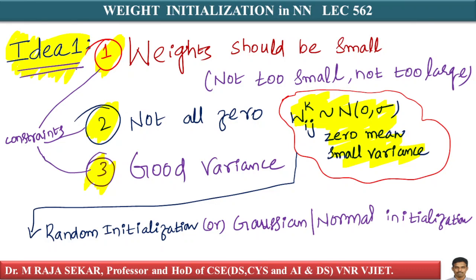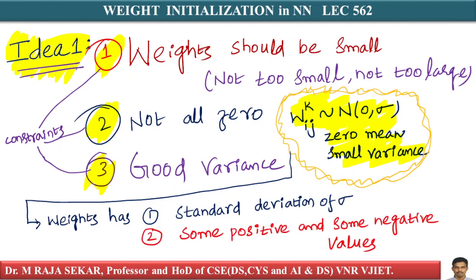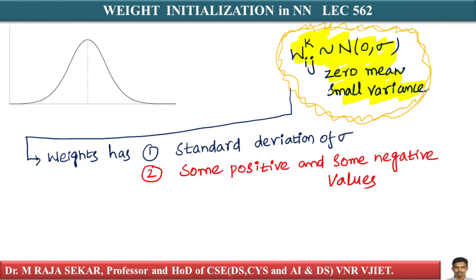Now, when your sigma is reasonably small, your weights now have, first point, a standard deviation of sigma, and second point, you have some positive values and some negative values, because you are centering with 0, normal distribution with 0 mean and sigma standard deviation.